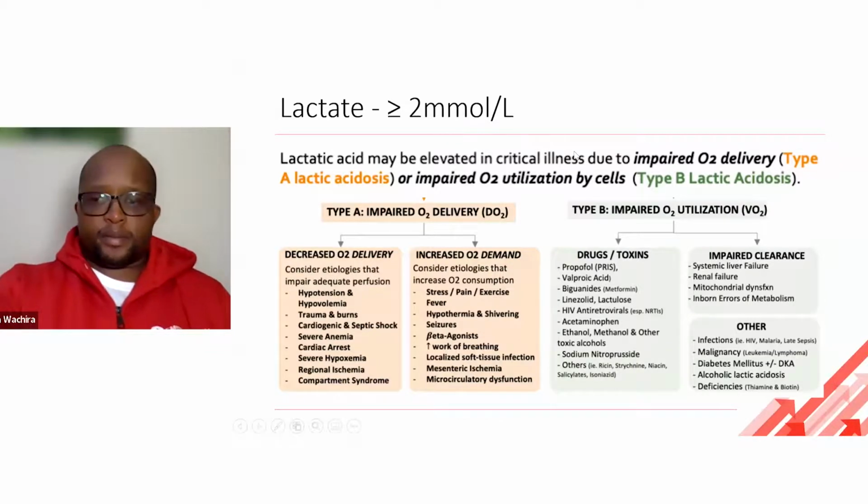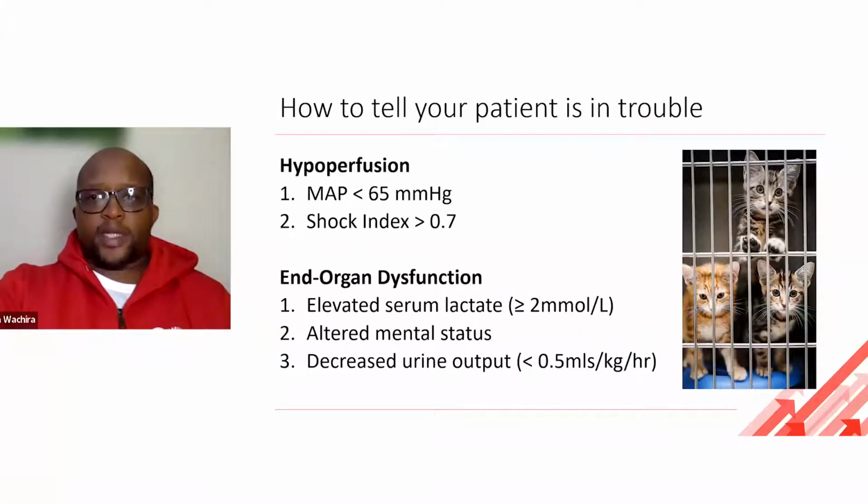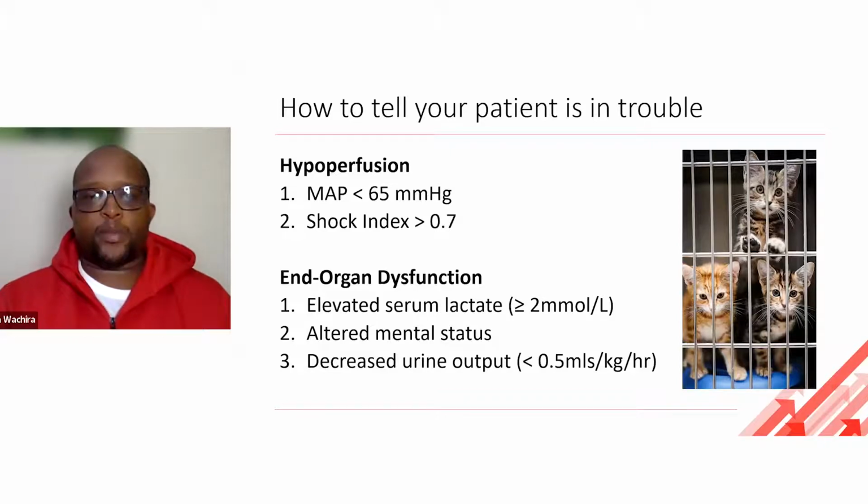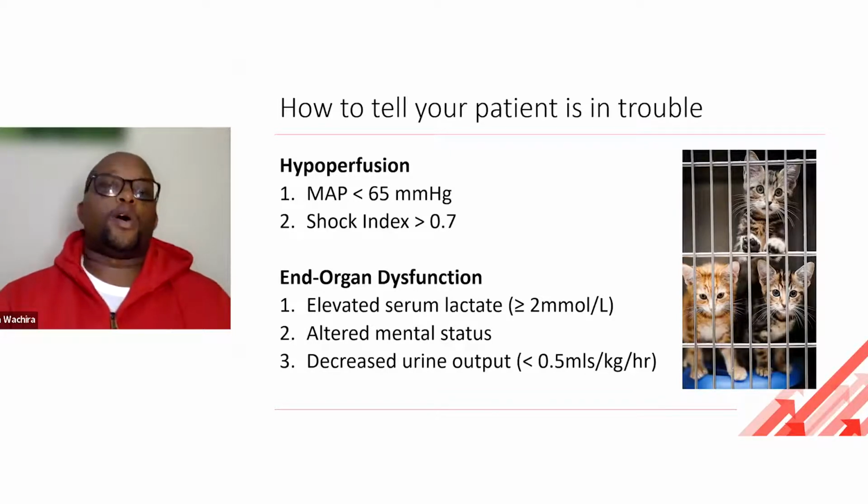Okay. All right. So how do you start telling if your patient is in trouble? Now, this is when you start knowing your patient is in trouble. Either they're hypoperfusing, okay, MAPs are below 65, shock index is more than 0.7, or they already have started to have features of end organ dysfunction, okay?